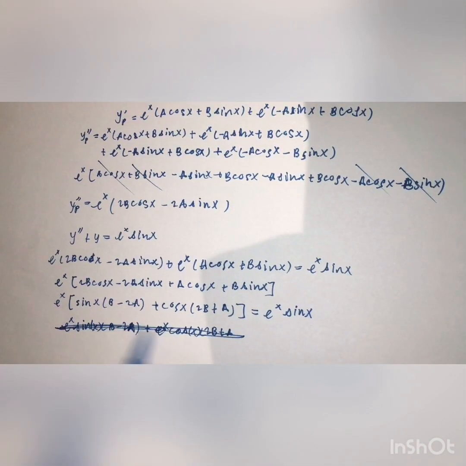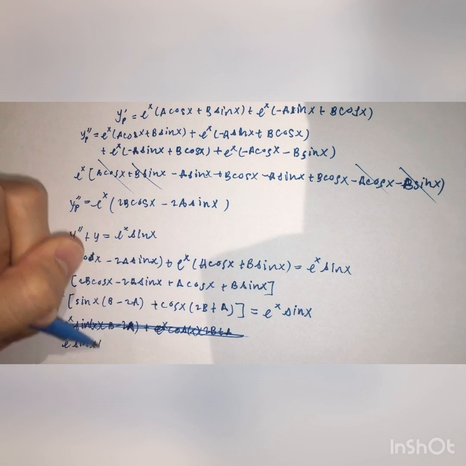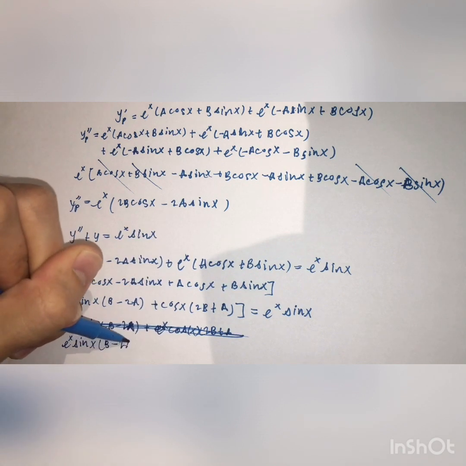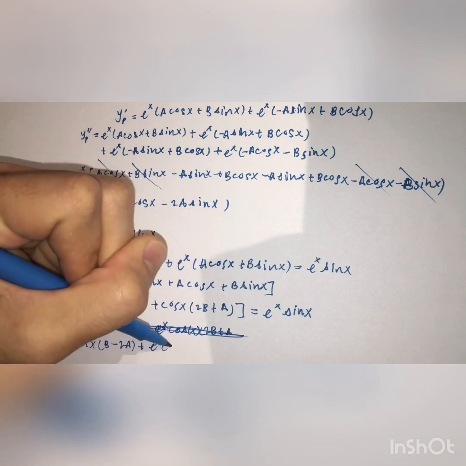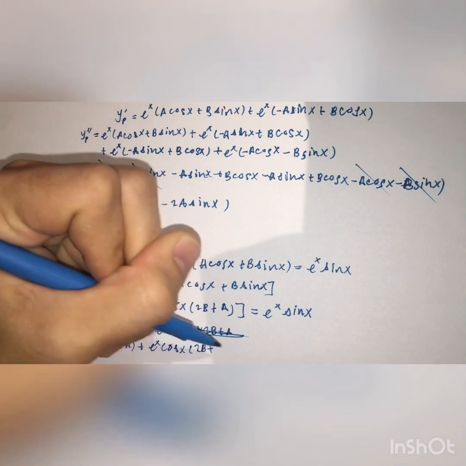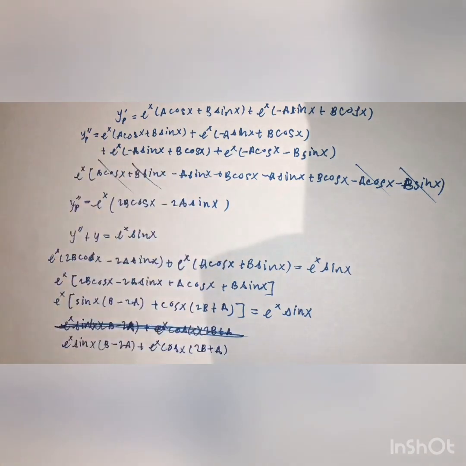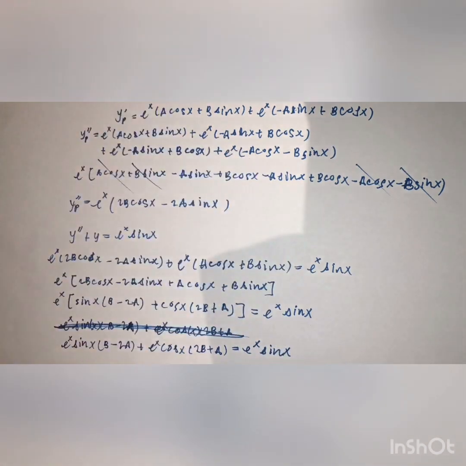Rewrite this step, it's messy. So we have e to the x sine of x, b minus 2a, plus e to the x cosine of x, 2b plus a, equals e to the x sine of x.